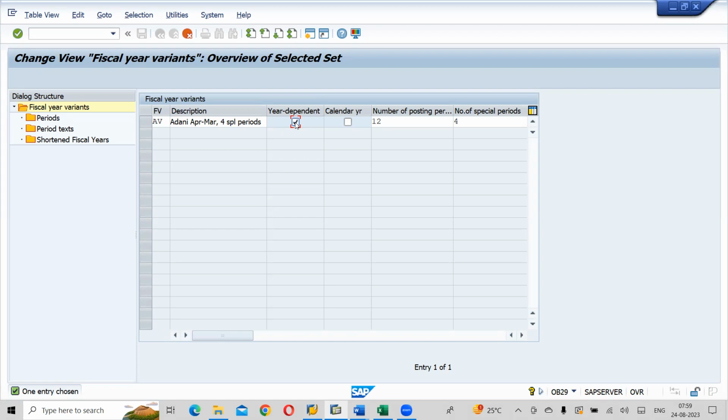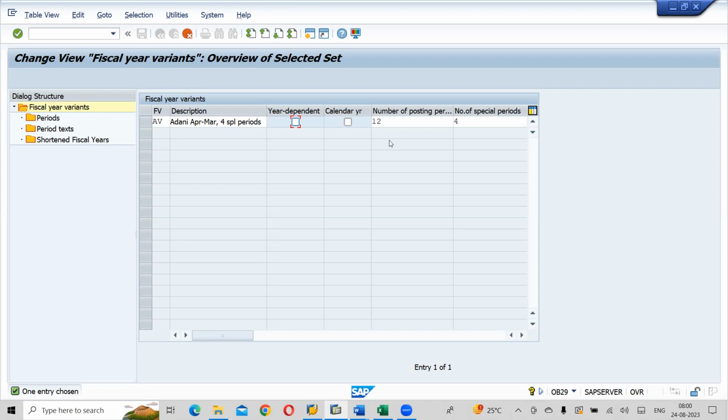So year dependent is when we want to do accounting for one particular year, then we need to select it. But if it is automatically updated in the next year also, with the same attributes, then we are not supposed to select the year dependent option. Then it becomes non-year dependent. 99.9% of companies follow their fiscal year as non-year dependent, meaning every year it automatically carries forward from April to March with 4 special periods.